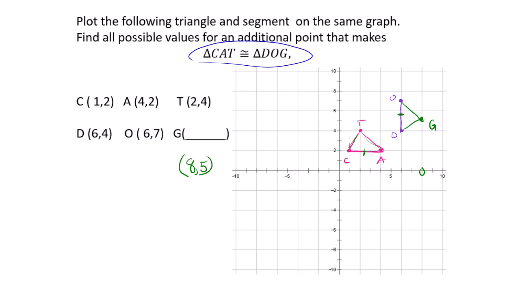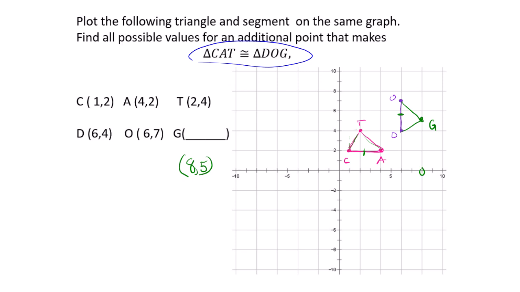Now I could do the same thing from O, but the problem is then we want this DG to correspond with CT, right? And that wouldn't be the case if I did that from O. So that's one possibility. The other possibility is, using a different color, I could go from D to G the other way.